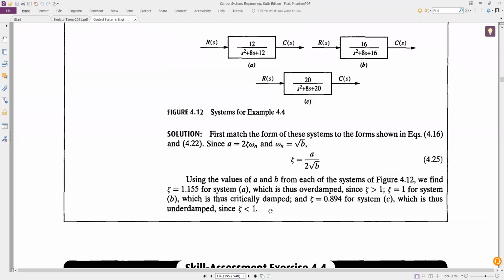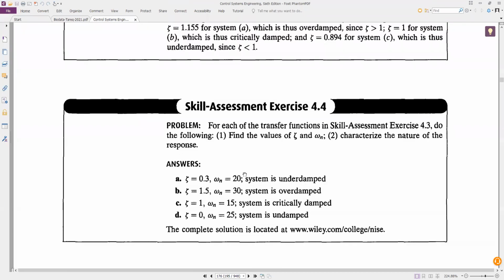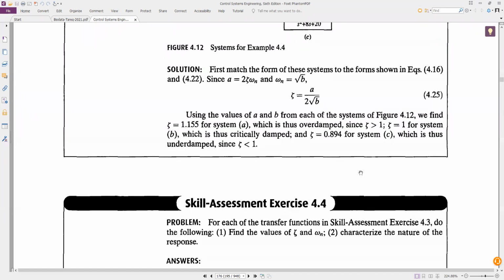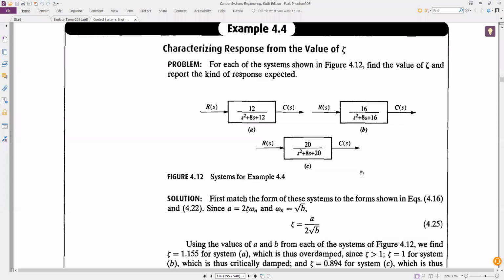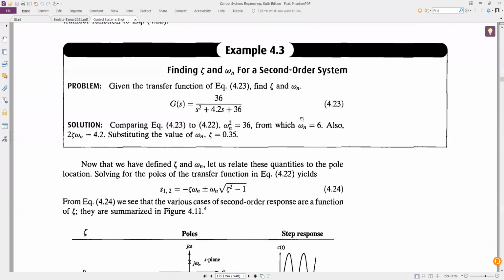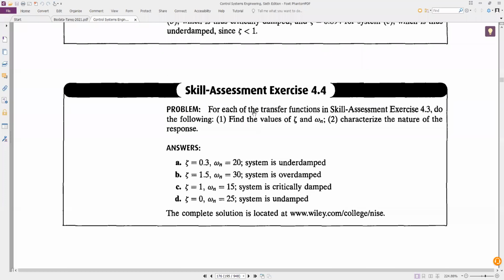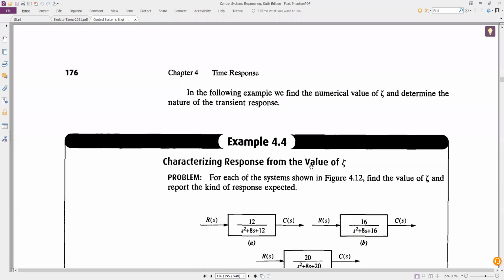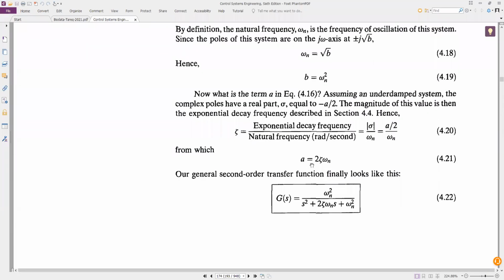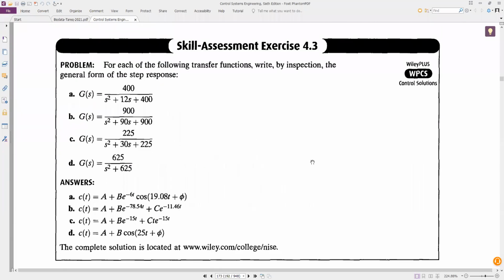Okay. So a similar thing for each of the transfer functions in skill assessment 4.3: find the values of zeta and omega n and the nature of the response. Skill assessment 4.3 means this one.